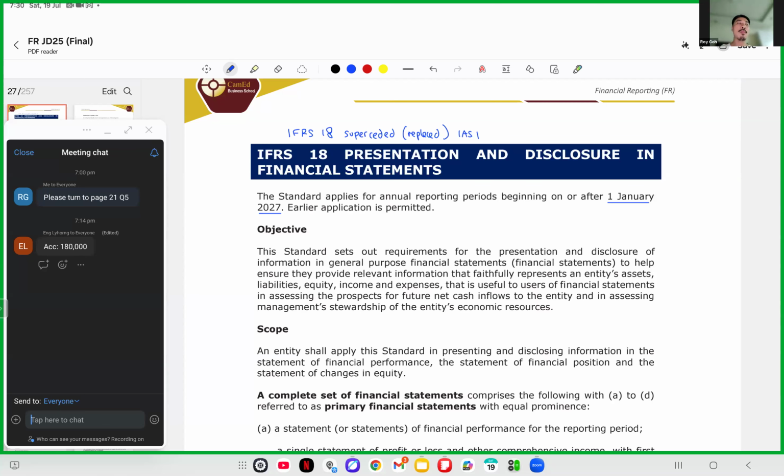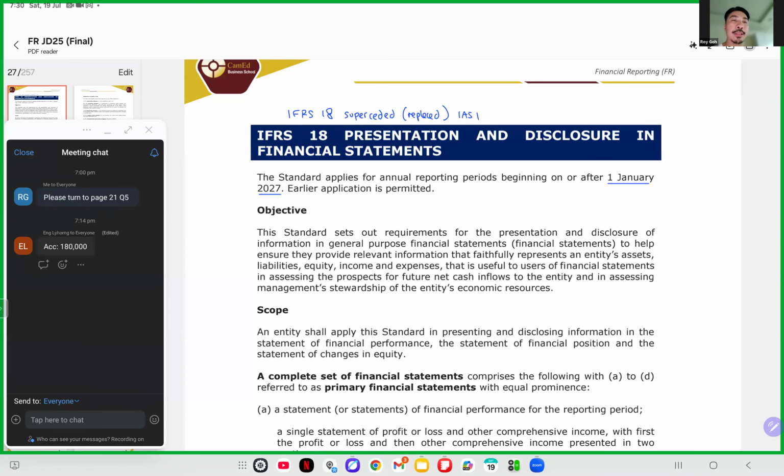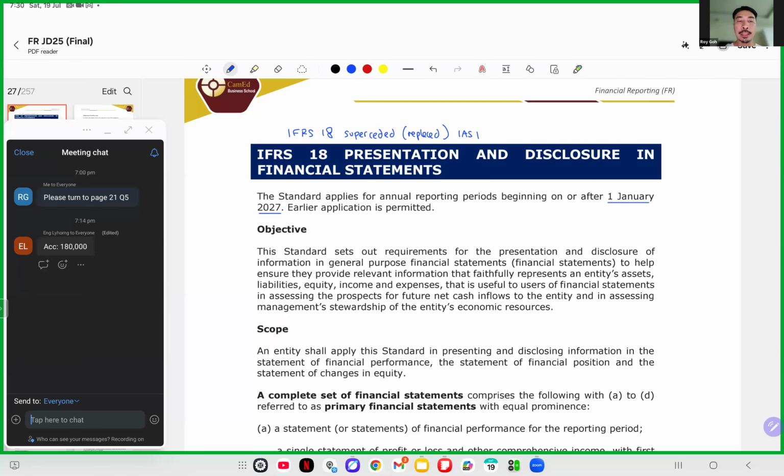No more IAS 1. It is now taken over and replaced by IFRS 18. So what does it do? It shows us how to present financial statements. Are you ready? How financial statements are presented.